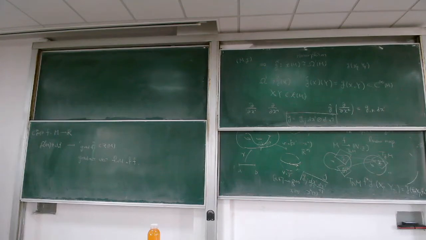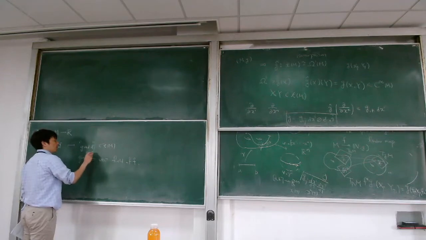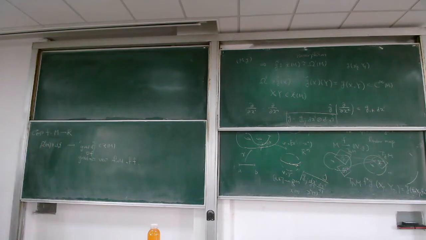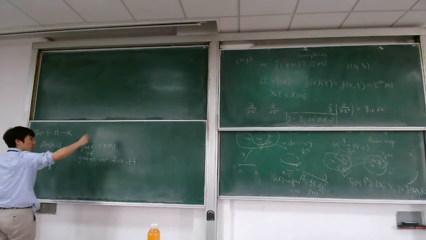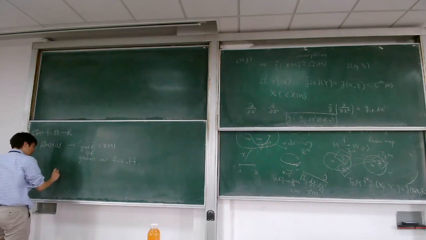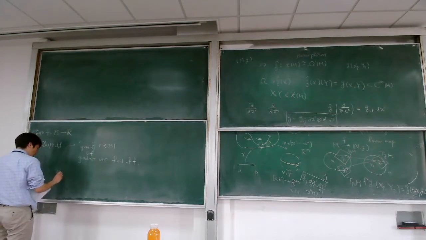Sometimes it's written like nabla of f, whichever you want. I mean, here this construction is just using G hat df.